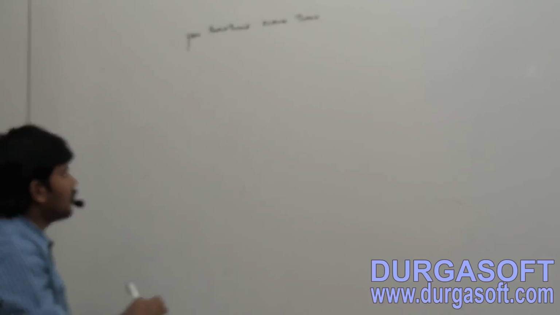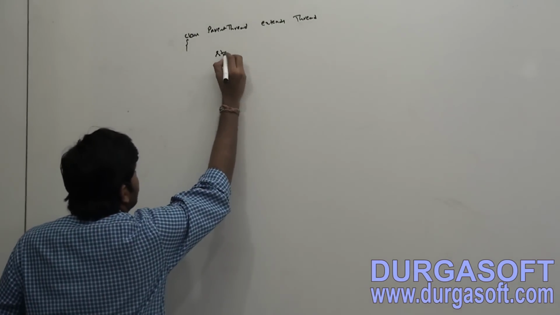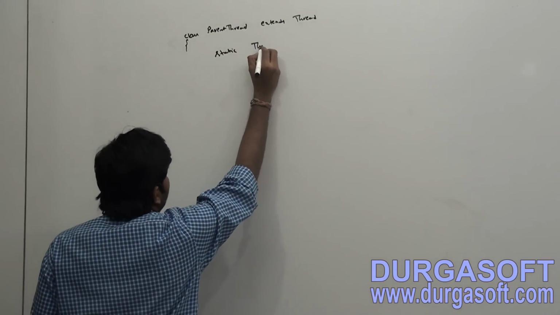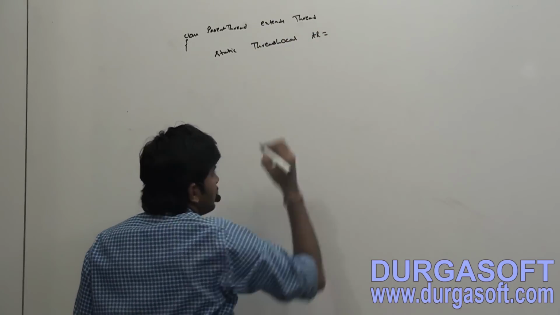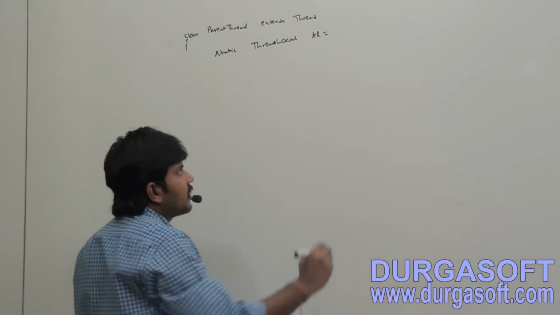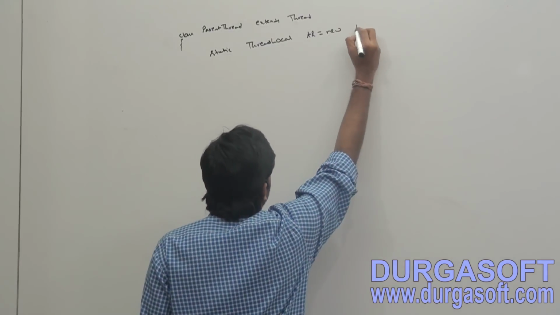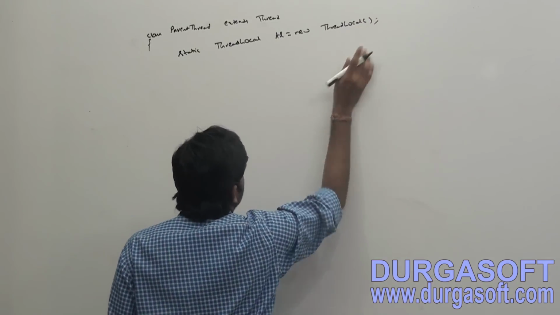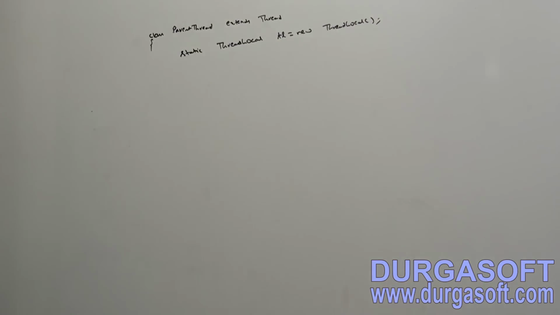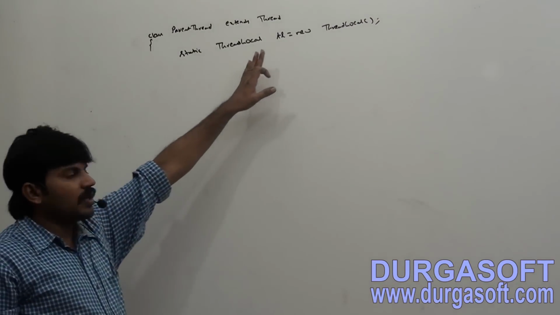I want to create it: static ThreadLocal TL = new ThreadLocal(). I am creating one thread local object.